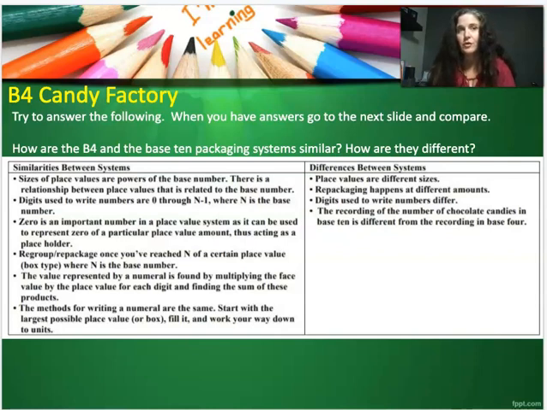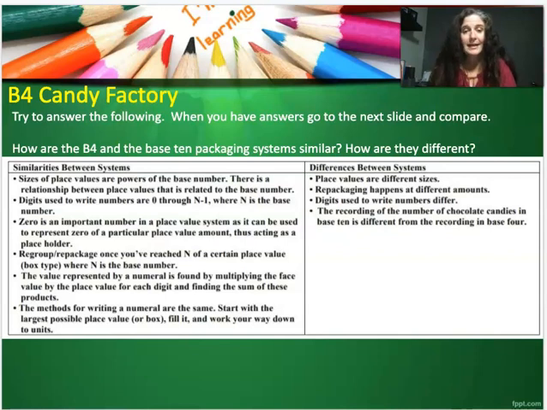When you reach 4 in base 4, you move to the next one. The value of a number is found by multiplying the face value, that's the digit, times the place value, that's how many candies. In other words, the face value is the number of boxes, and the place value is how many candies per box. Then you sum all those products.